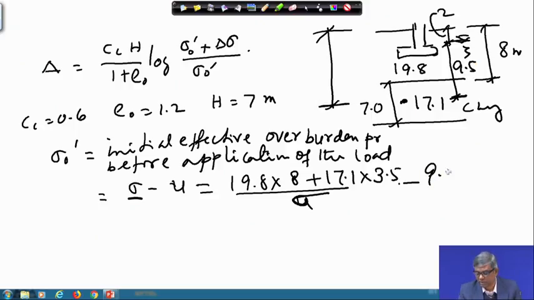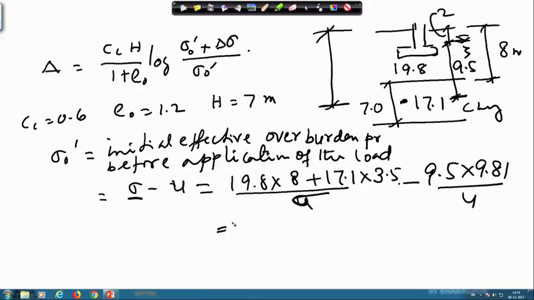So, 9.5 into 9.81, this is u. If I do that, this value comes to 125.055 kilonewton per meter square. This is sigma naught dash, and then you have to find delta sigma.